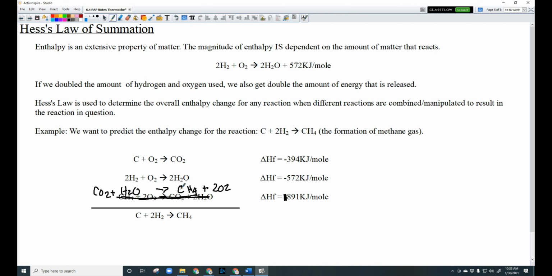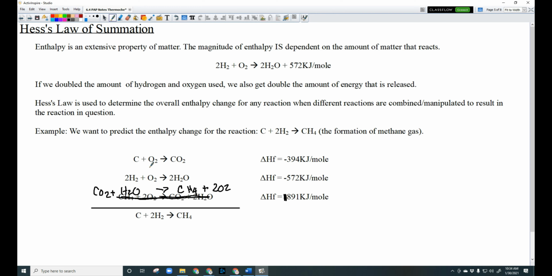I have a CH4 here and I have a CH4 here. Where over on this side now I need carbon. Well, I see a carbon here and I need 2H2 and I see a 2H2 here. So what I need to do is I need to now look at what I can cancel.